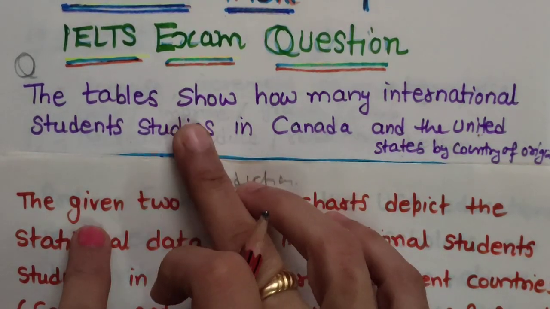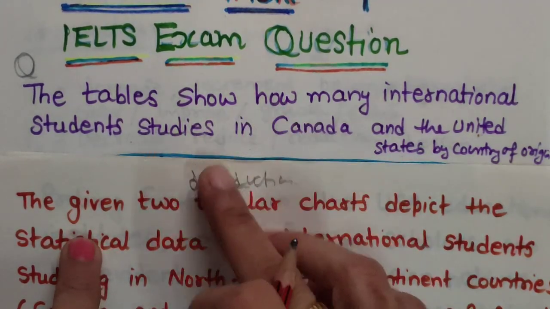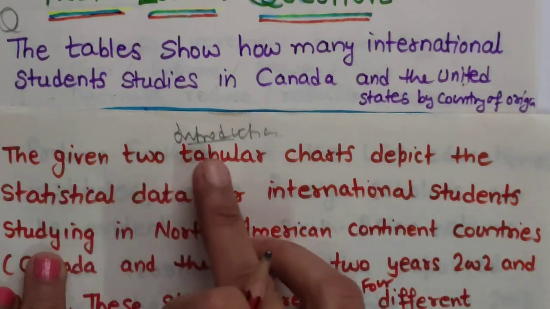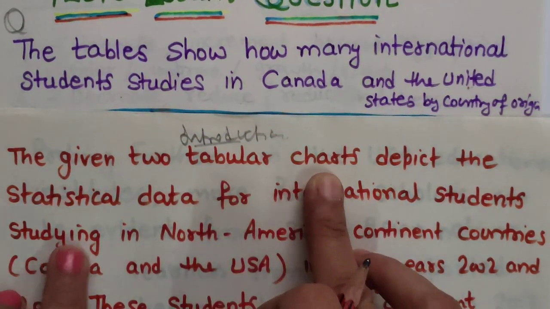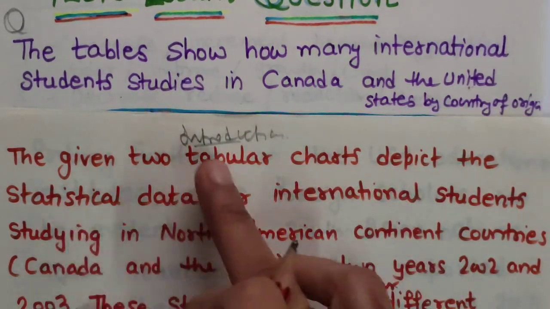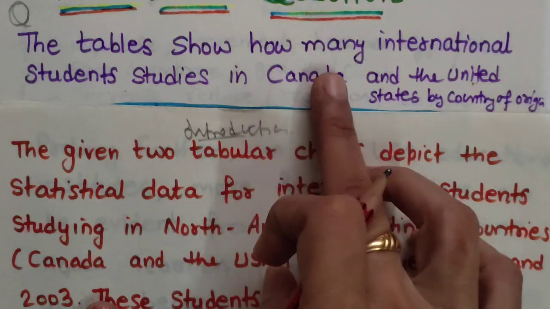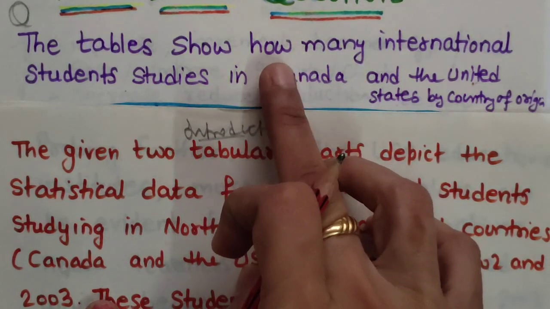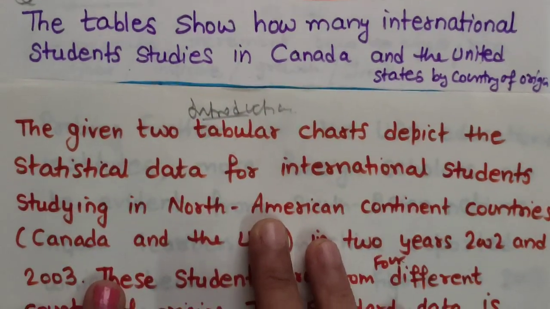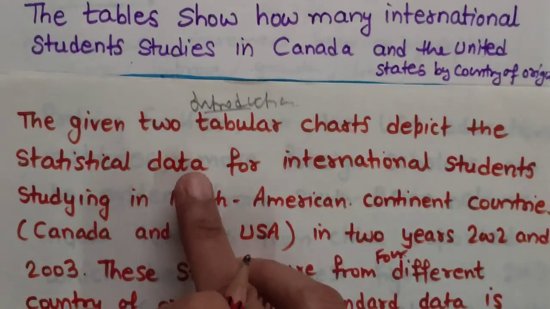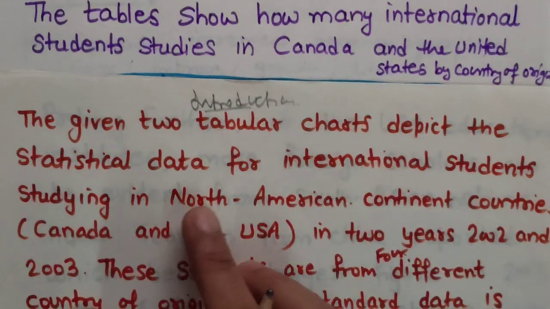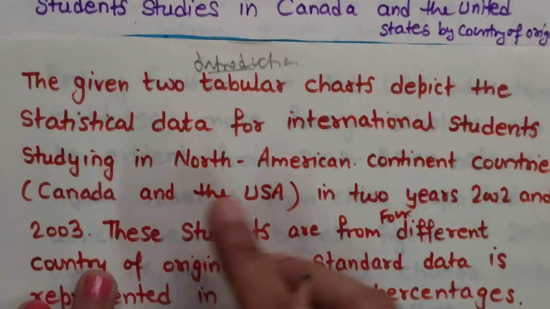Okay, now coming to the introduction. Introduction means paraphrasing of the question statement. The tables show. So what I have written is, the given 2 tabular charts depict. Instead of show, I have written depict. Instead of how many, you can use the number of international students, but I have changed something: depict the statistical data for international students studying in North American continent countries or nations.